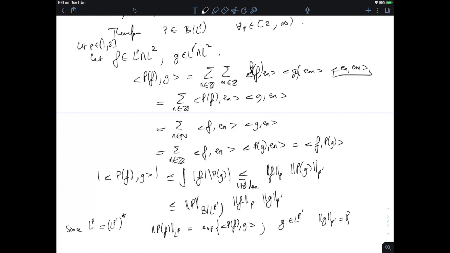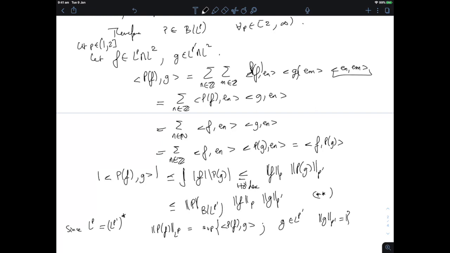But this inequality here, let's call it double star, I've only proven for f and g in Lp intersected L2 and g in Lp prime intersected L2, but this extends by density. I can take a limit.